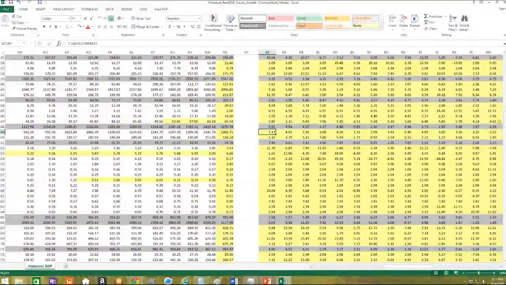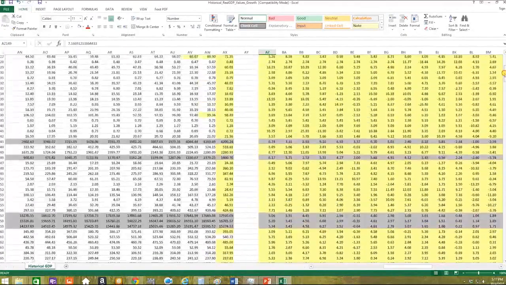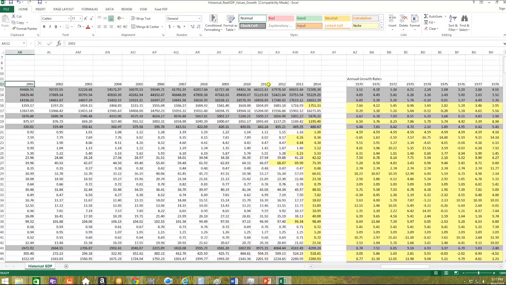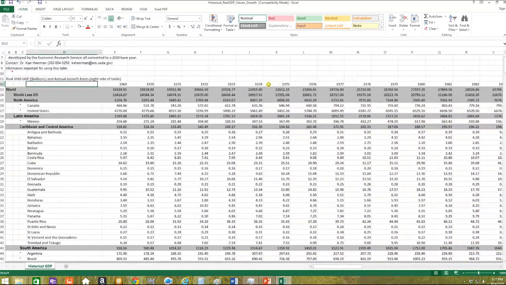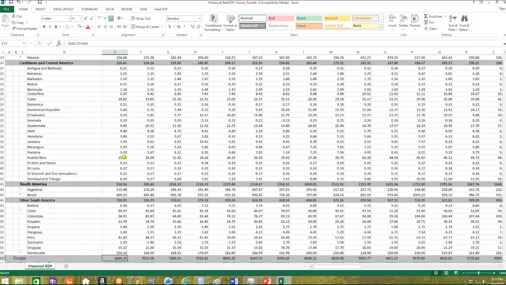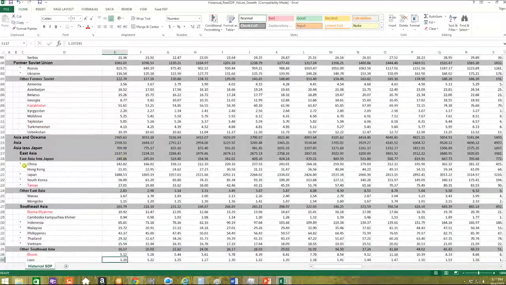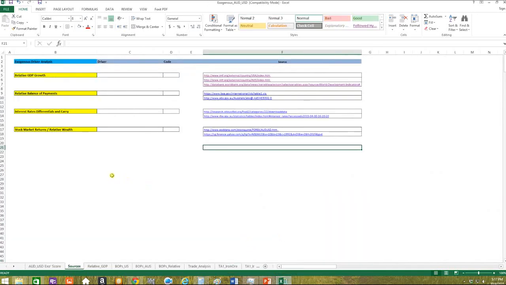And this, if we scroll back to the top, is going back to 1970. So we have the growth rates going back to 1970 and the values going back to 69. What you have to do in your Excel formatting is basically turn this data around. So instead of it showing horizontally on the page, you want it to be showing vertically in the way that we formatted over here.